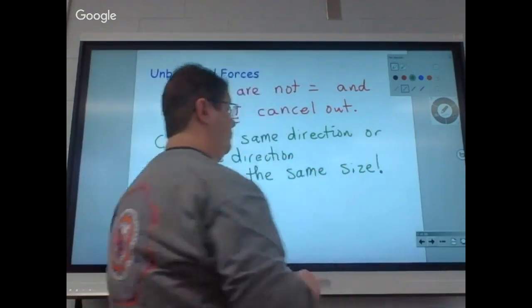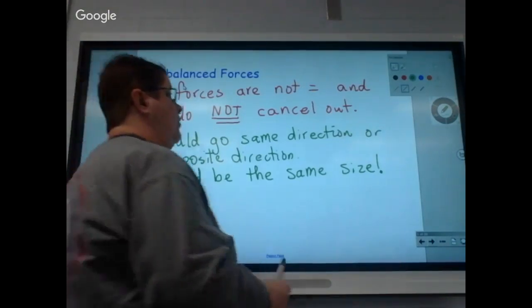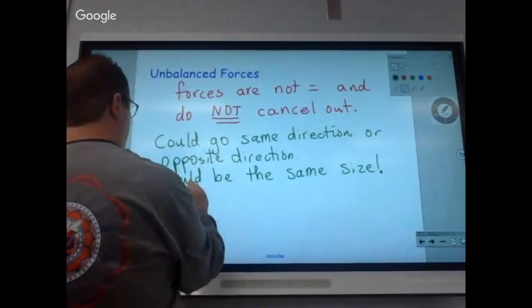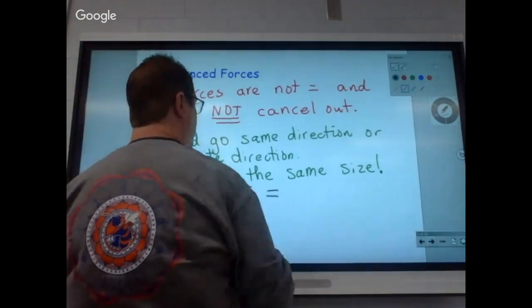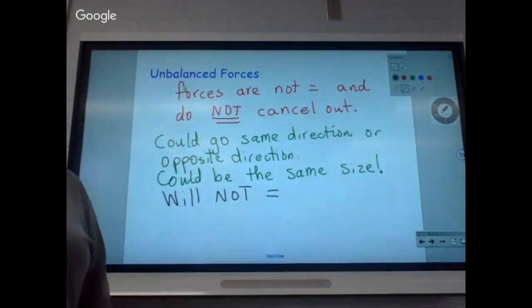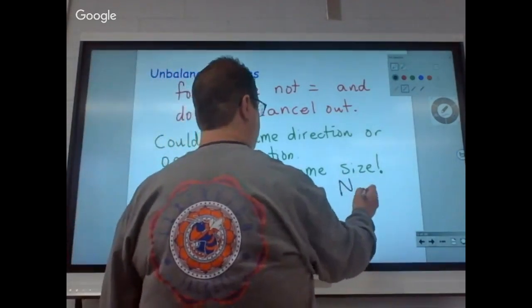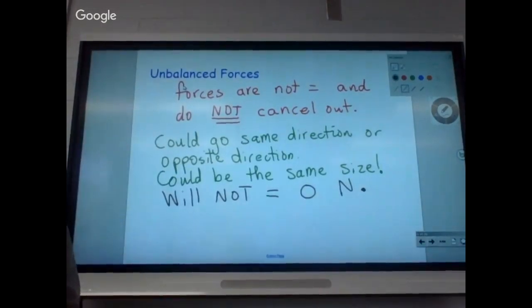They could have any of those conditions. They could both be 4. They could both go the same direction. The key to unbalanced is they will not equal what? They will not equal 0 newtons. They cannot equal 0. That's the key.